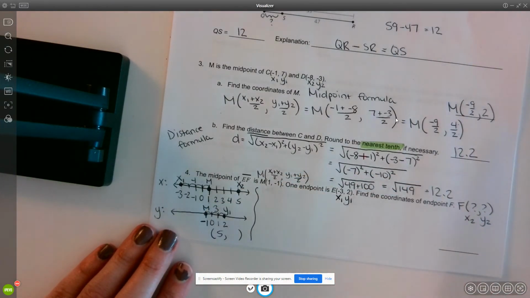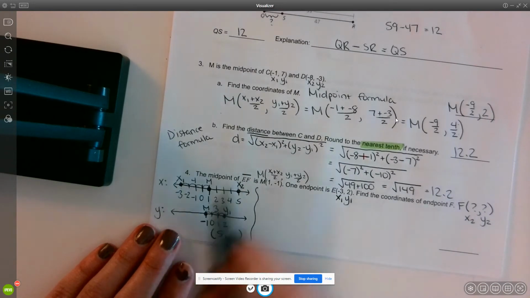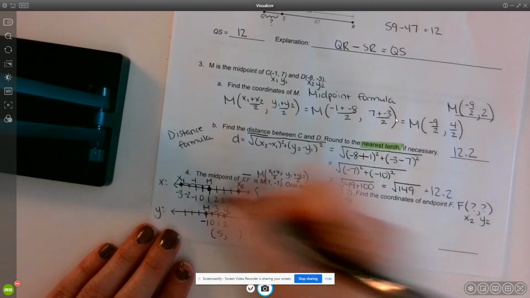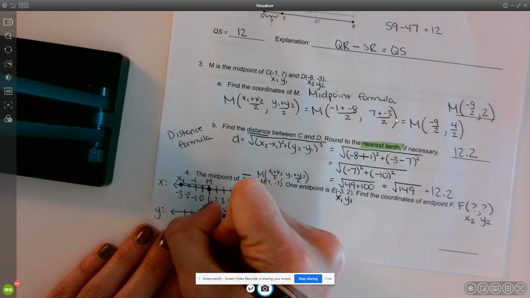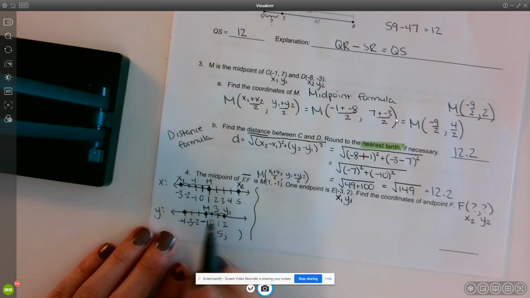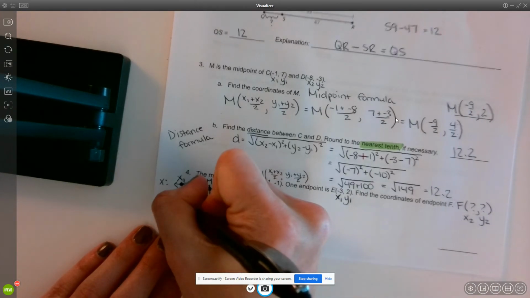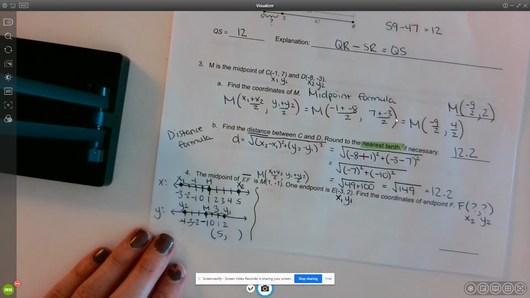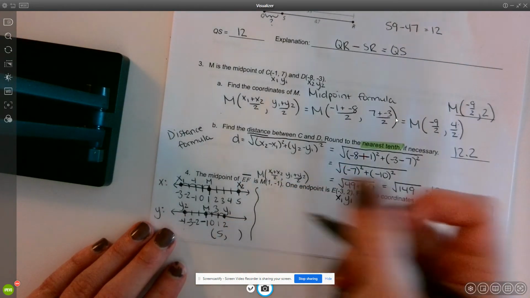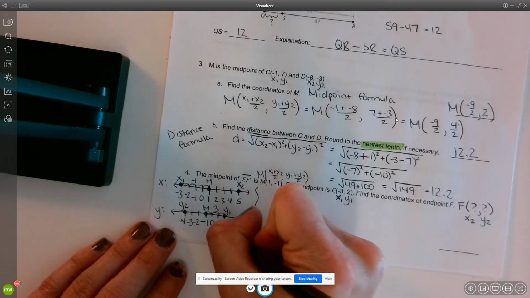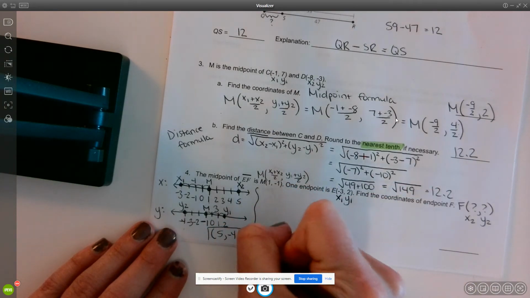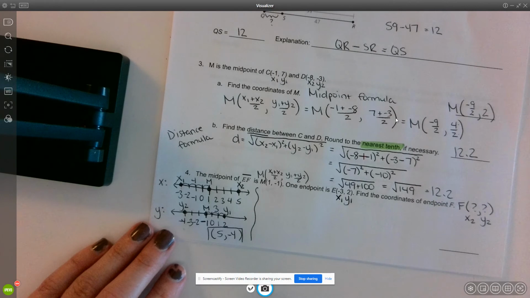It needs to be 3 away on the left. So I'm going to count 1, 2, 3. And that has a value of negative 4. So my y2, the y coordinate of my second endpoint, is negative 4. And I have my answer.